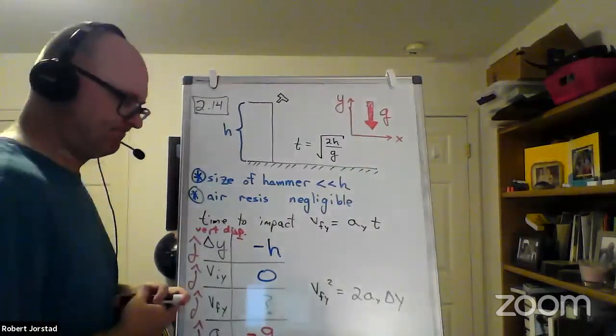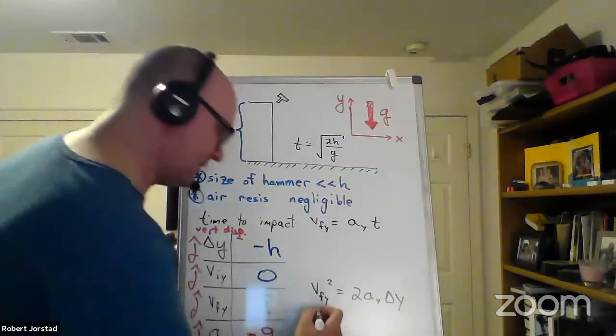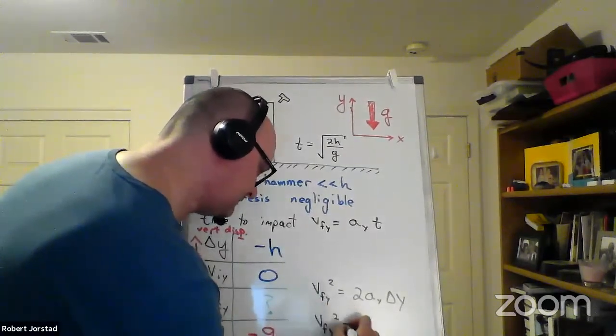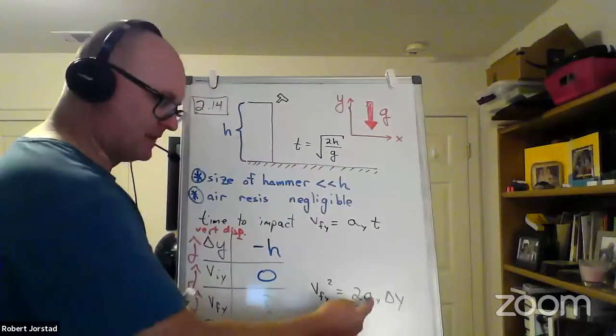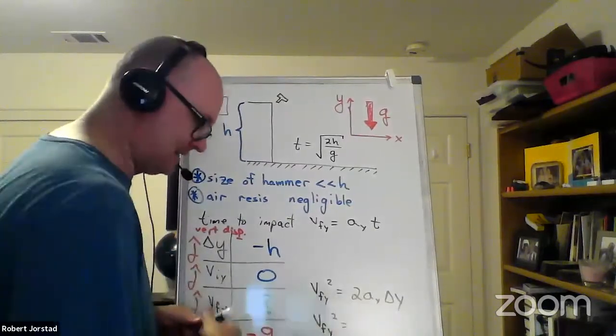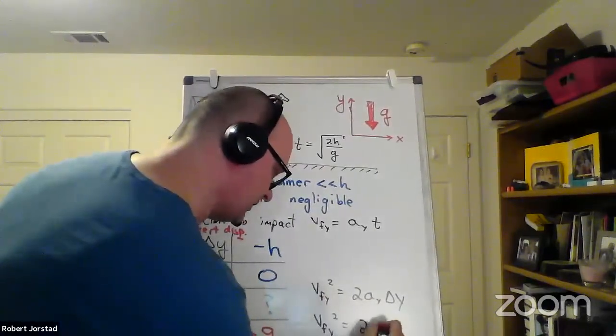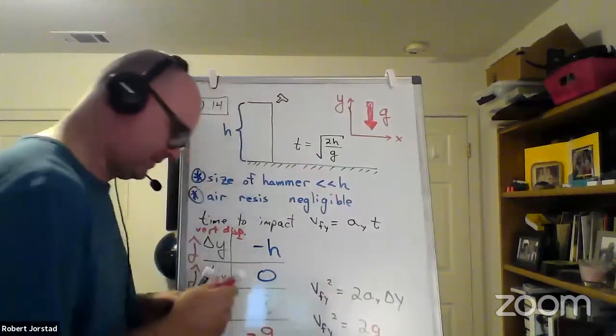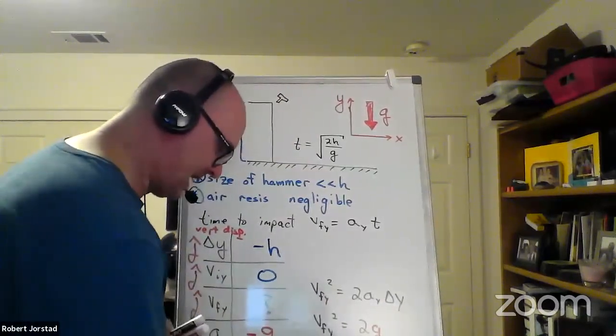And we even went further. We could stick in what we found here. I don't know if you remember, this had a minus sign and that had a minus sign. So this ends up being just 2GH with the minus signs canceling.